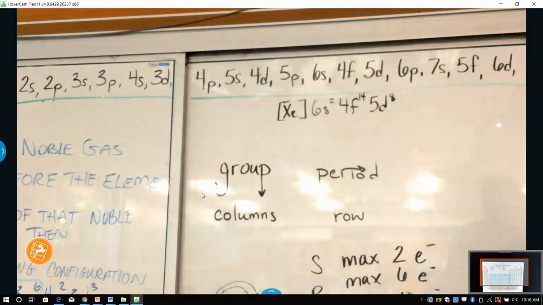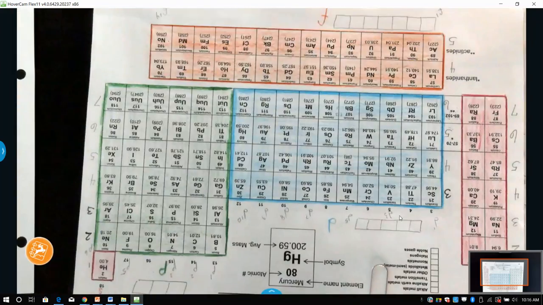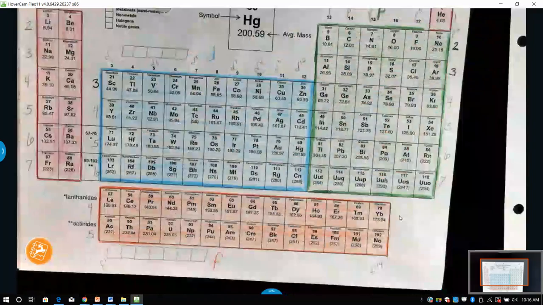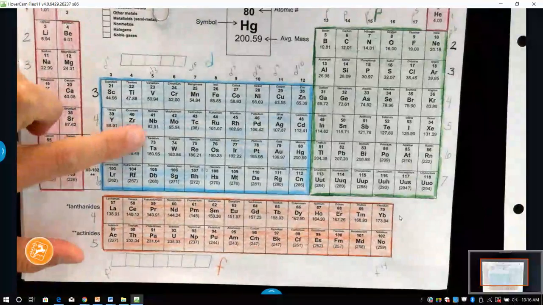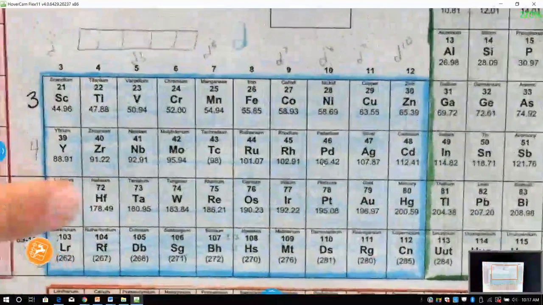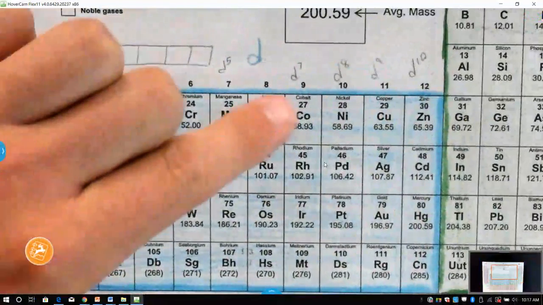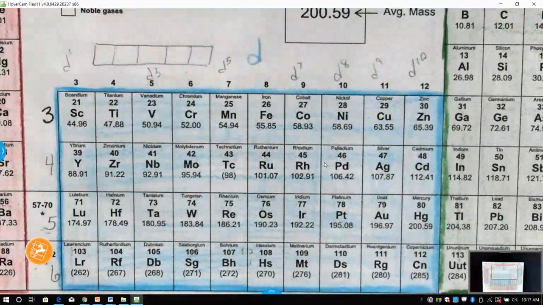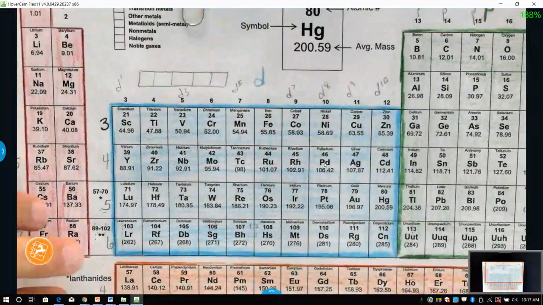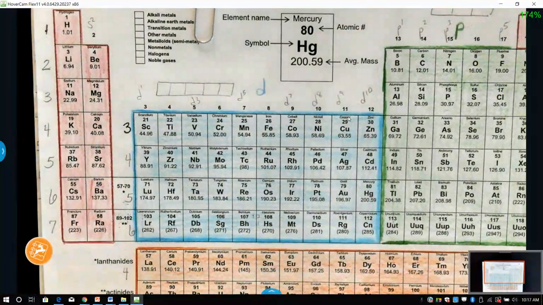Sorry that I'm flipping back and forth. So zirconium is here. What is it going to finish on? Zr is going to finish at 4d what? 4d2.